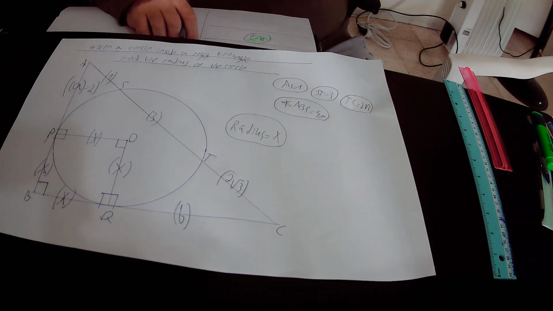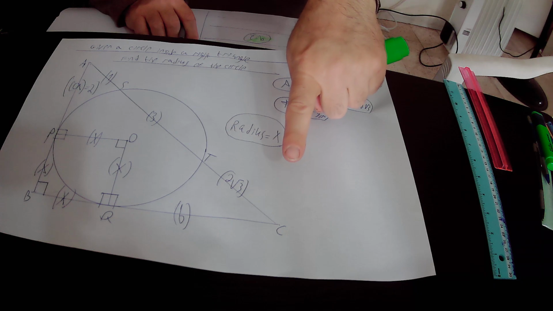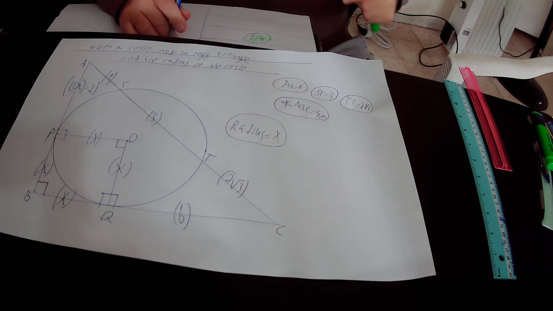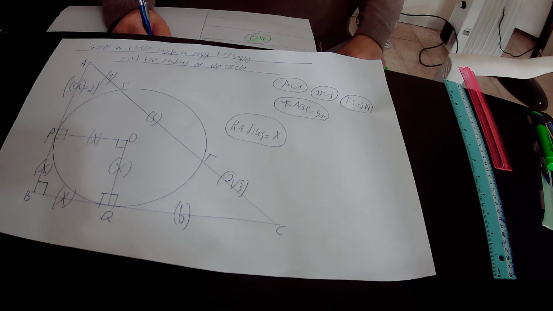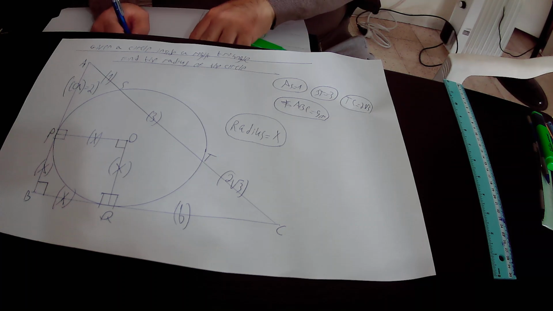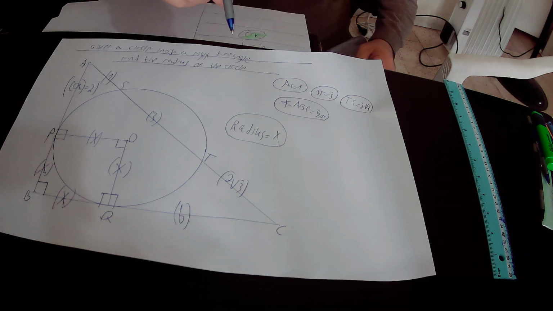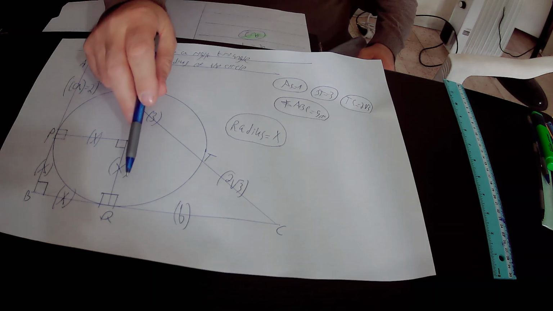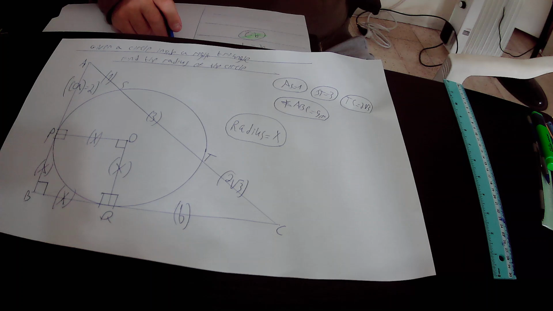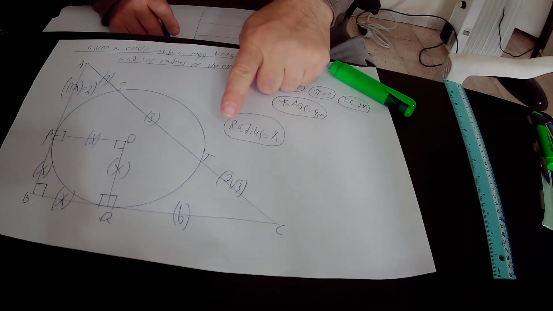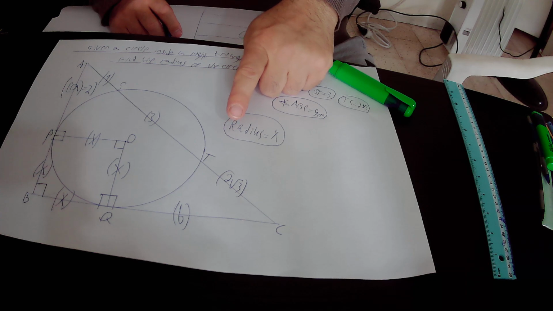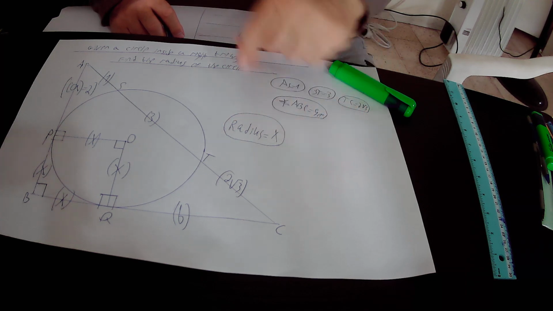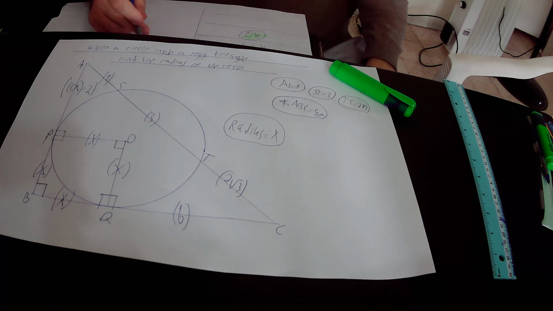Likewise, we implement rule 10 at this common external point C. Why can we implement rule 10 at point C? Because from point C we have tangent CQ that is tangent to this circle at point Q, and we also have the extended chord ST from the common external point C. So all the requirements of rule 10 are satisfied.